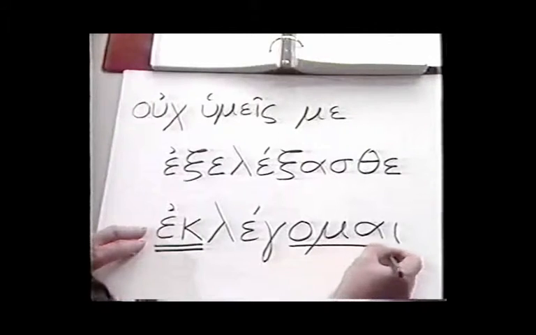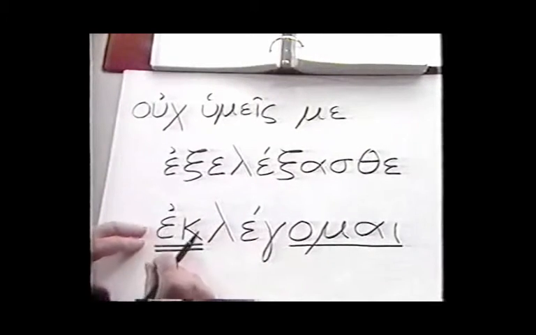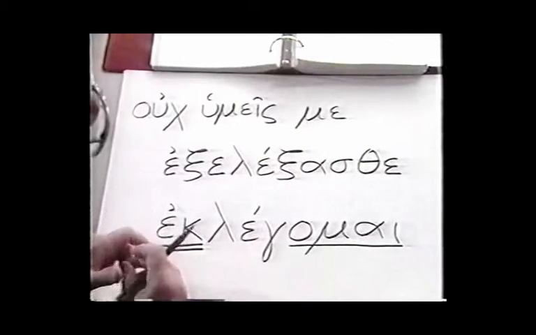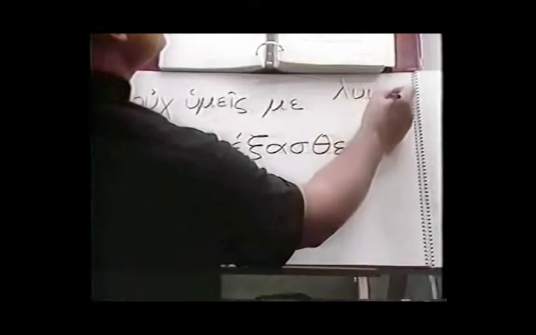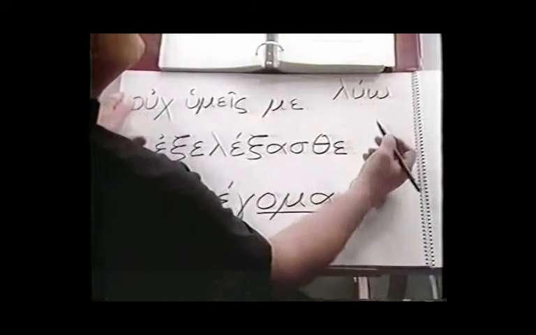But notice that this verb is ending in omai. Omai is another first singular ending. This is the third one we've seen so far, isn't it? Let's just review. The first person singular ending we have seen was the ending omega, as in luo, I loose.